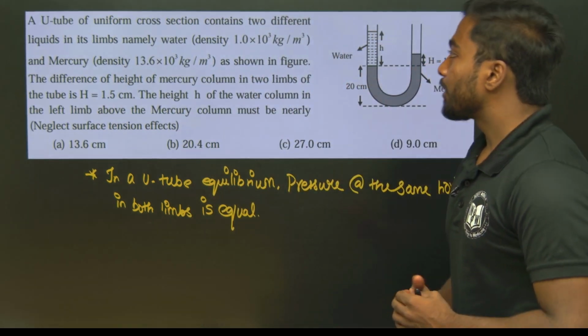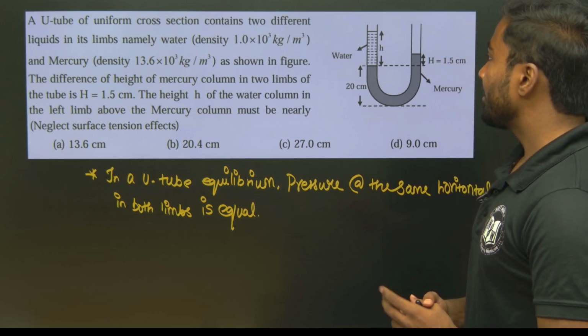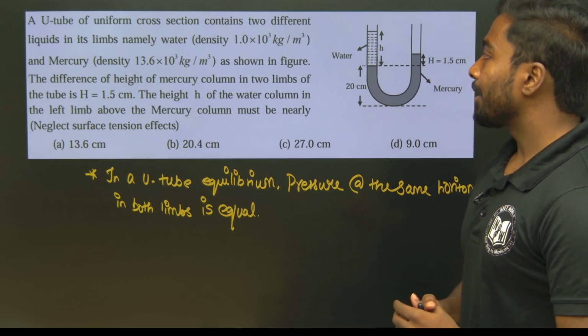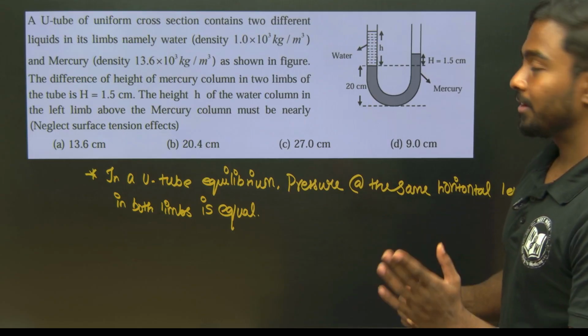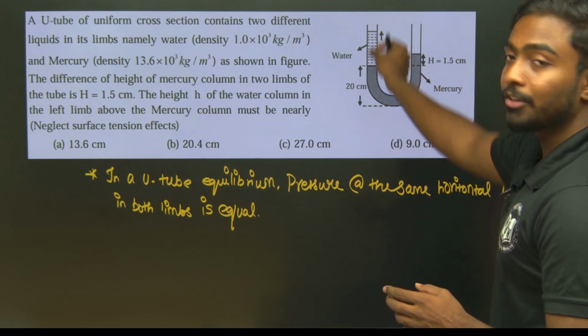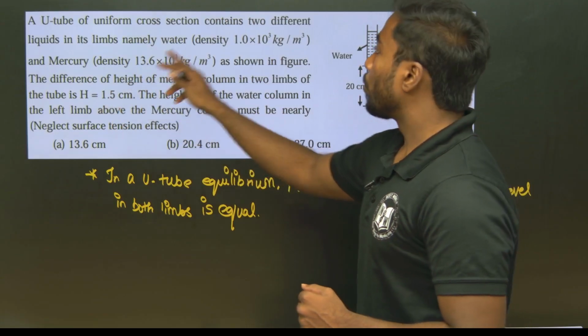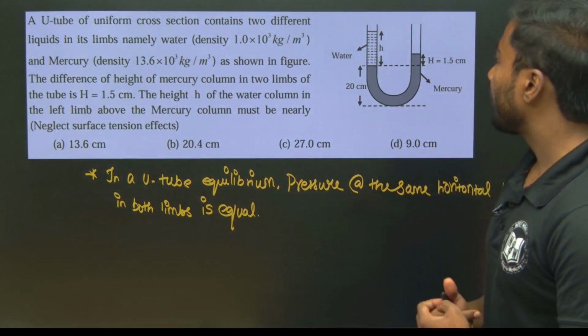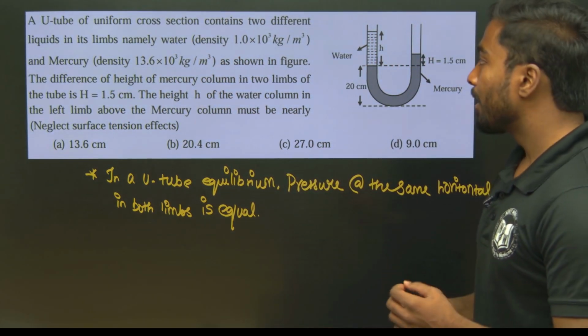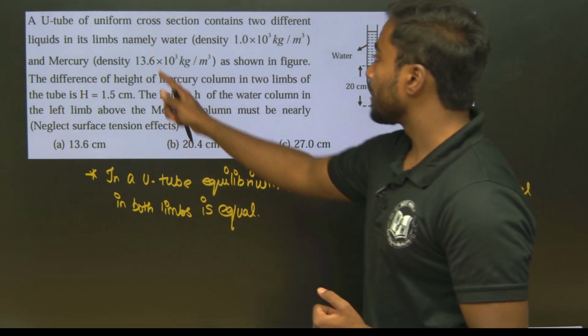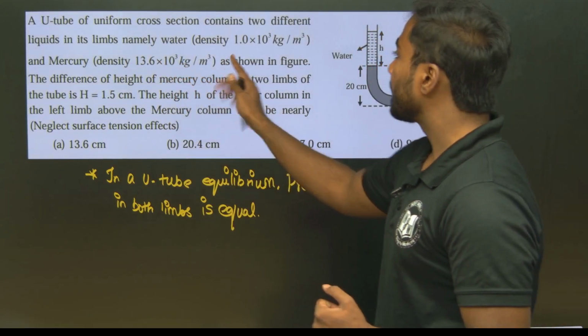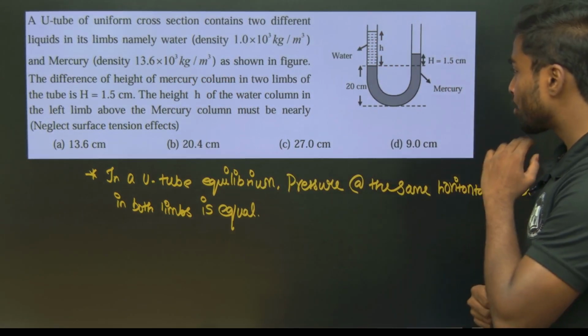A tube of a uniform cross section contains two different liquids in its limbs, namely water and mercury. Water density is 1 into 10 power 3 kg per meter cube, whereas the density of mercury is 13.6 into 10 power 3 kg per meter cube, as shown in the given figure.